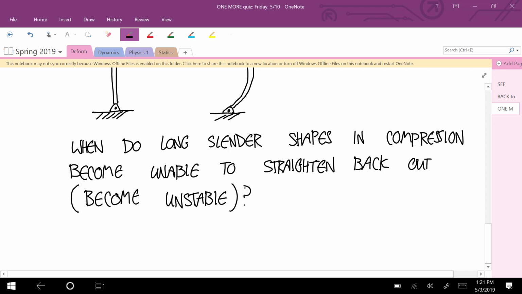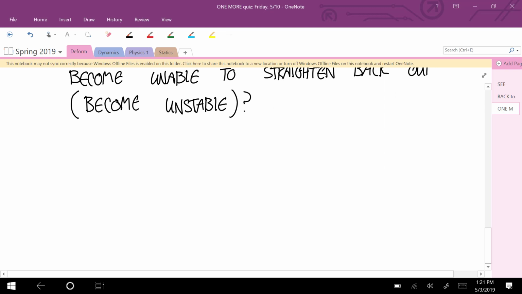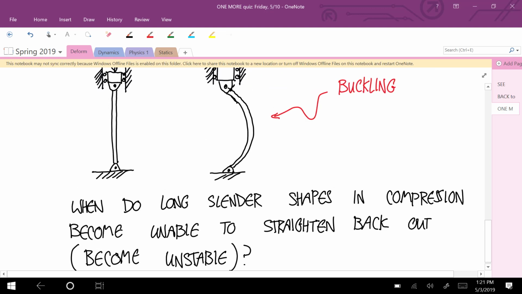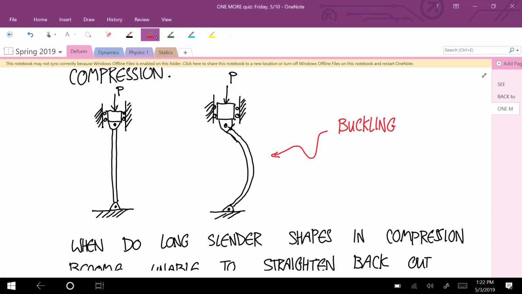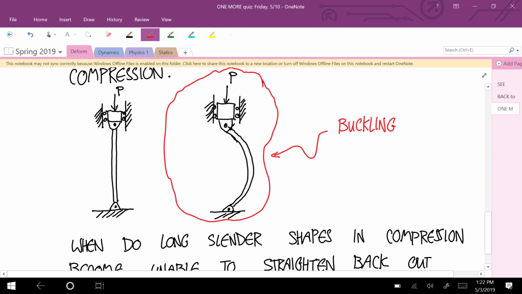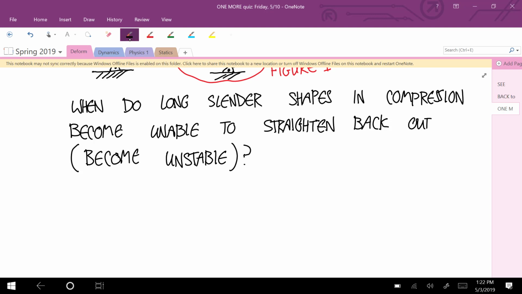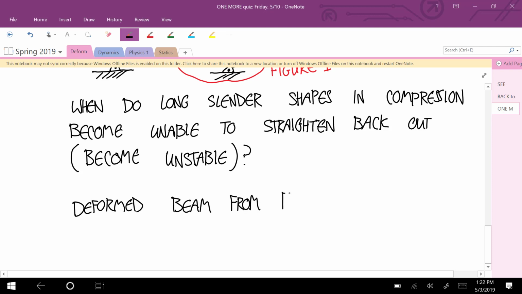Okay, so let's think about this shape here. So here's figure 1. So think about a deformed beam from figure 1.